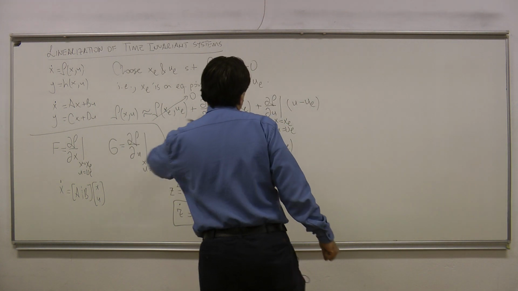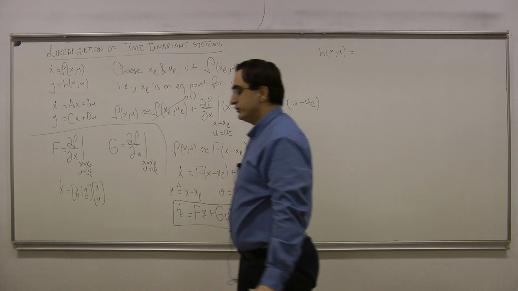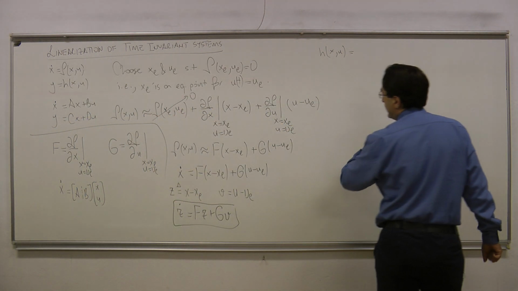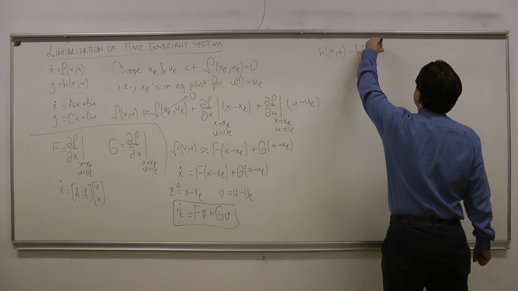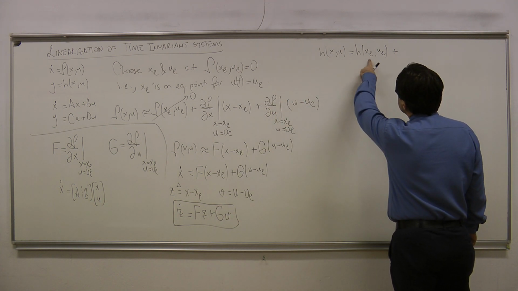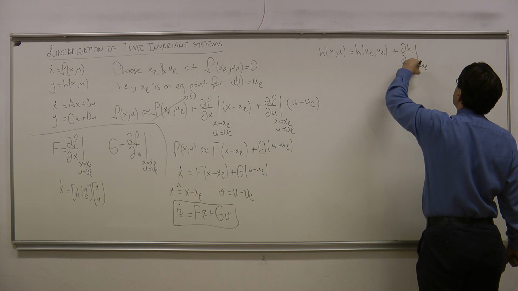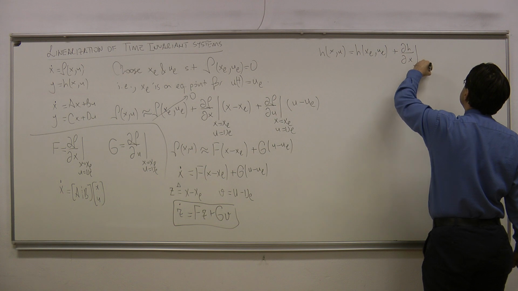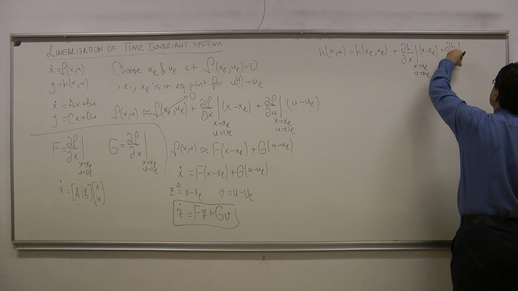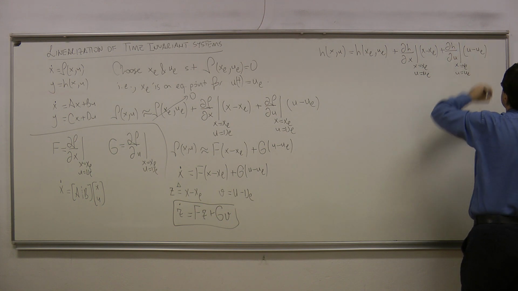So now let us try to write our approximation for the output function, h(x, u). In this case, I am going to do exactly the same thing. So I have h of xe, ue, plus, this is a constant term with respect to x and u. And then I have the other terms, del h over del x, evaluated at these equilibrium quantities, times x minus xe, plus del h over del u, at x equals xe, u equals ue, times u minus ue.